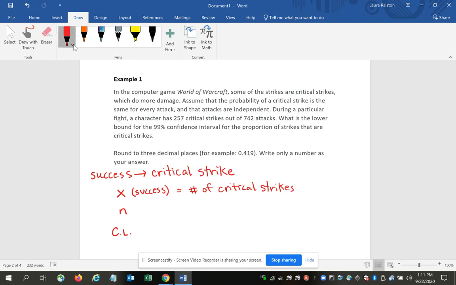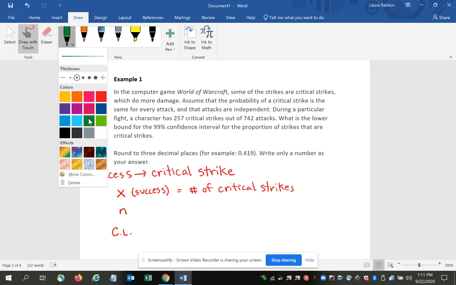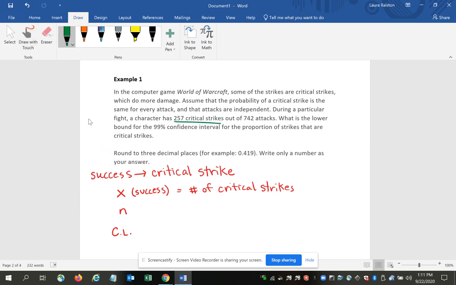So again, you need to read carefully. If I go back and read, in about the second or third sentence, it says a character has 257 critical strikes. So the number of critical strikes is 257 out of a total of 742. So my sample size was 742. And then it wants me to find the 99% confidence interval. Can we write that as a decimal?